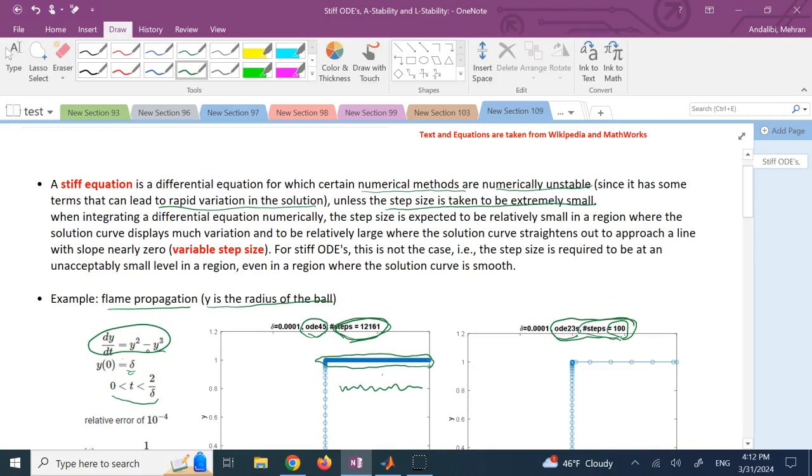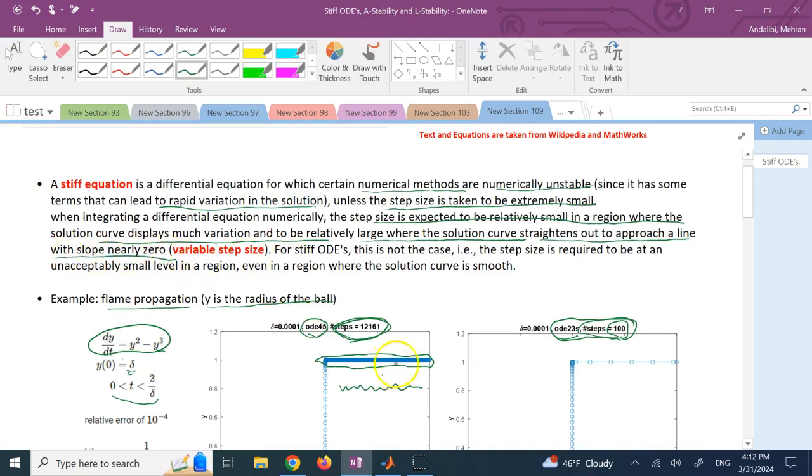As I said, the step size is expected to be extremely small in some regions where the curve displays some variations. And then there are some areas where, for instance, the curve straightens out to a line with slope nearly 0.